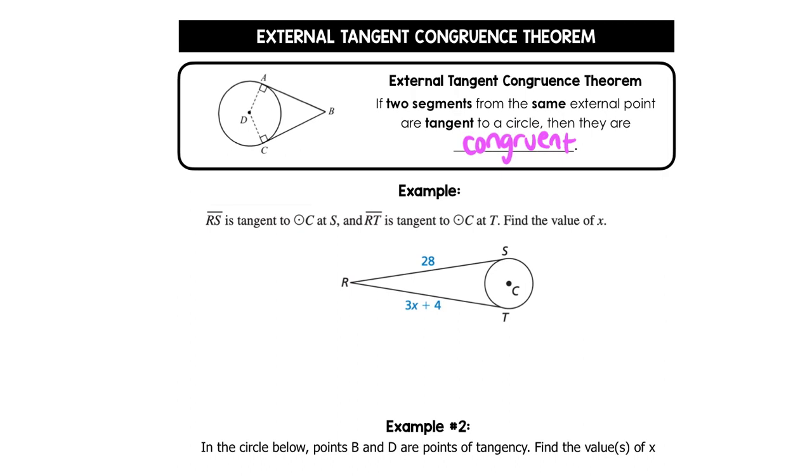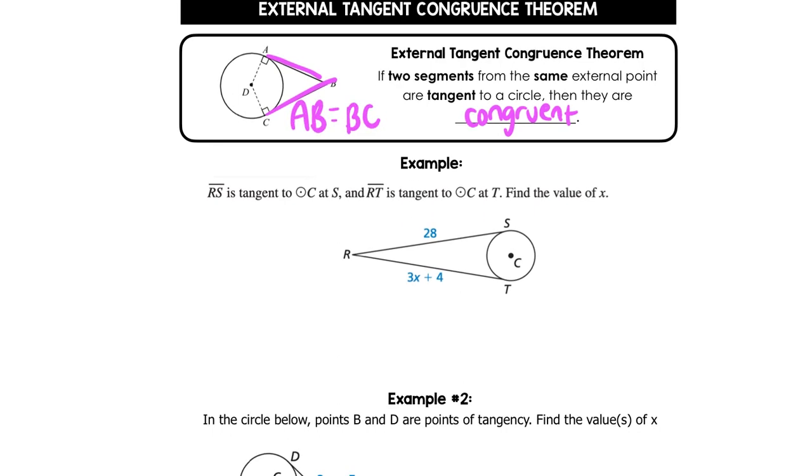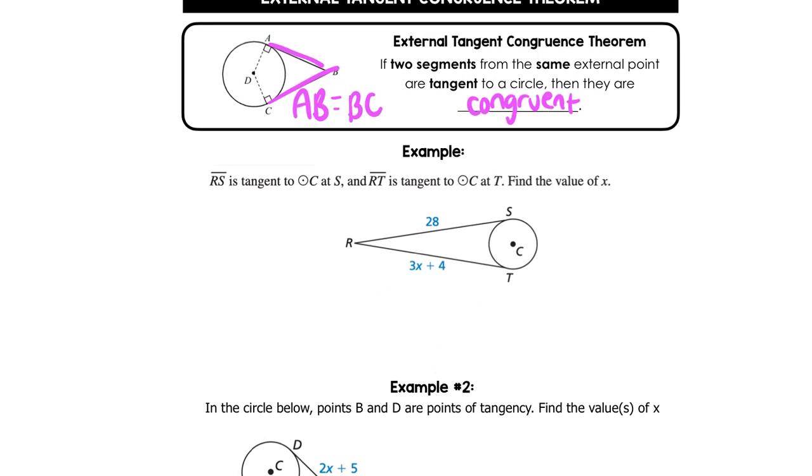So in this picture, I know that AB would equal BC. So using that idea on this first example, it says RS is tangent to circle C at S. It's a point of tangency. Here's another point of tangency coming from the same external point. So therefore, we know that those segments are congruent.